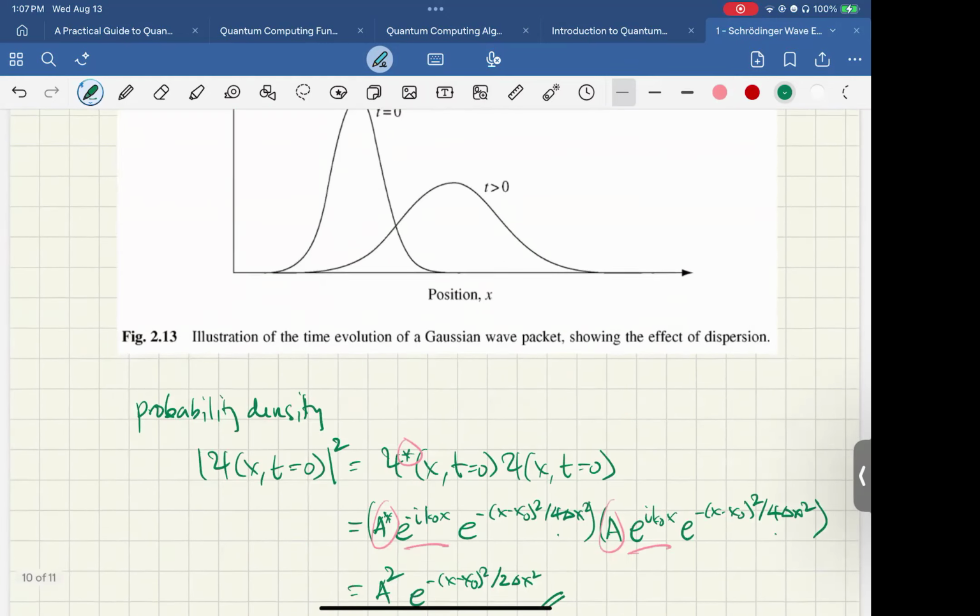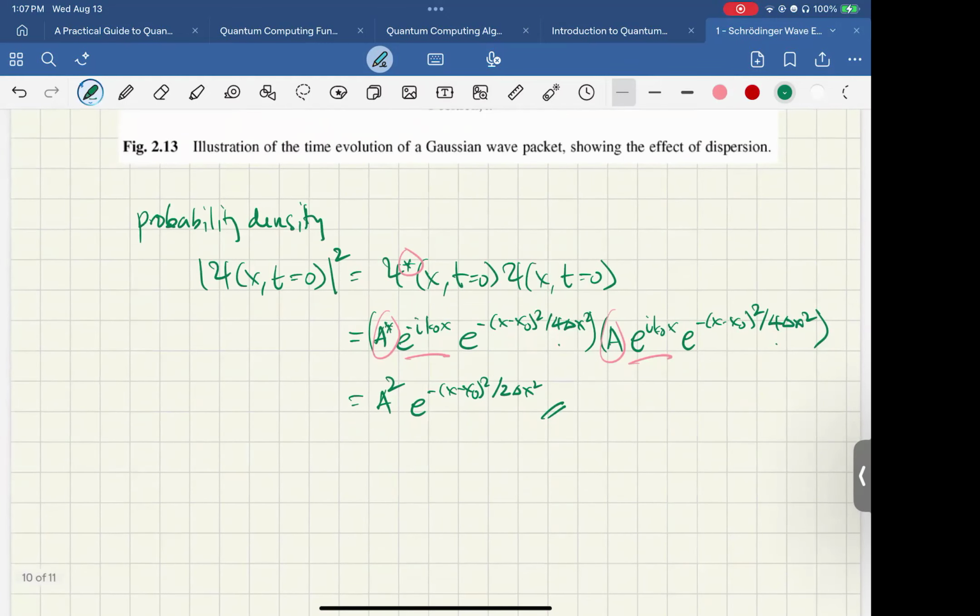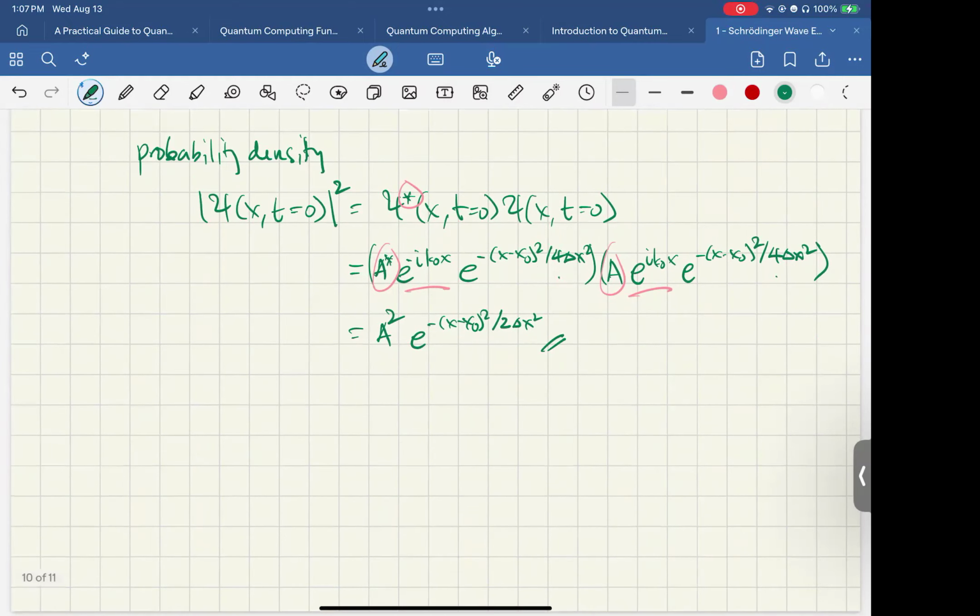Okay, what about the momentum? In momentum space, we can write this wave function, because this is real space.